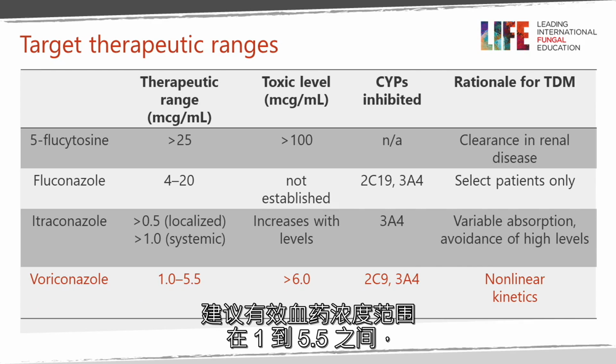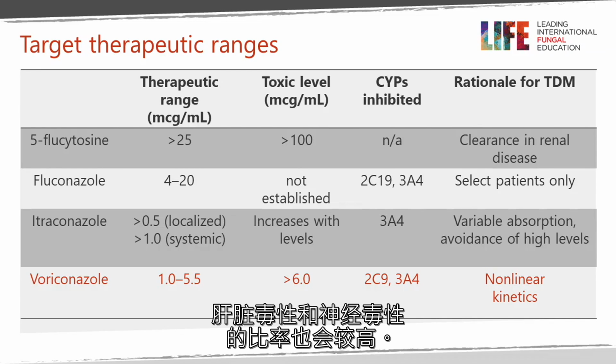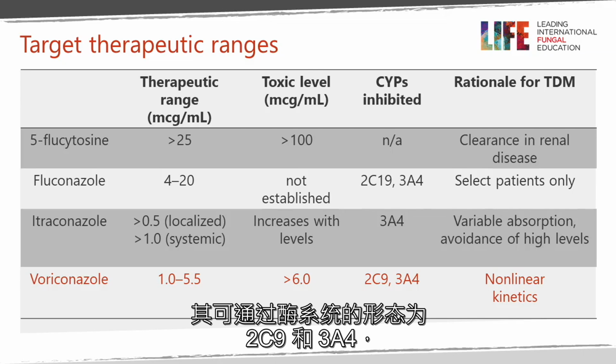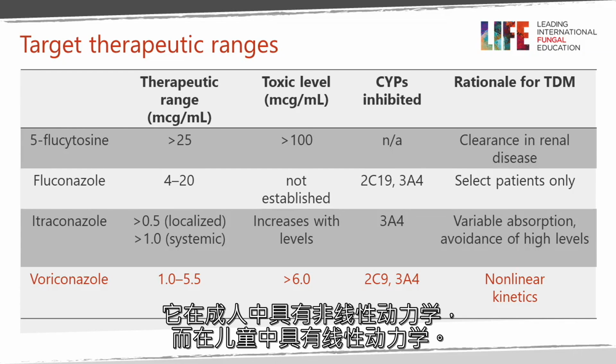The therapeutic range is recommended to be between 1 and 5.5, and toxic levels with a higher rate of hepatic and neurotoxicity are associated with levels above 6. The enzyme systems that it particularly goes through are 2C9 and 3A4, but there's also a polymorphism with 2C19. It has nonlinear kinetics in adults and linear kinetics in children.